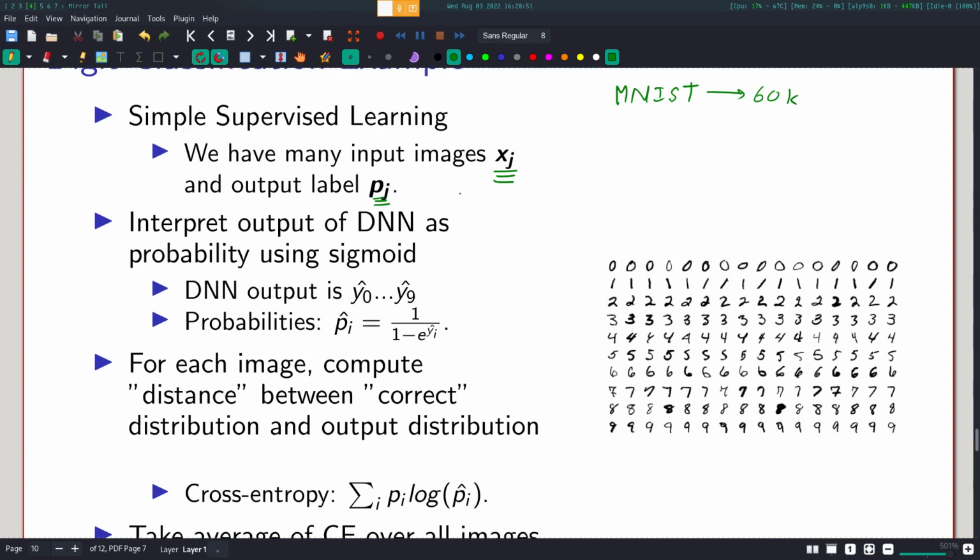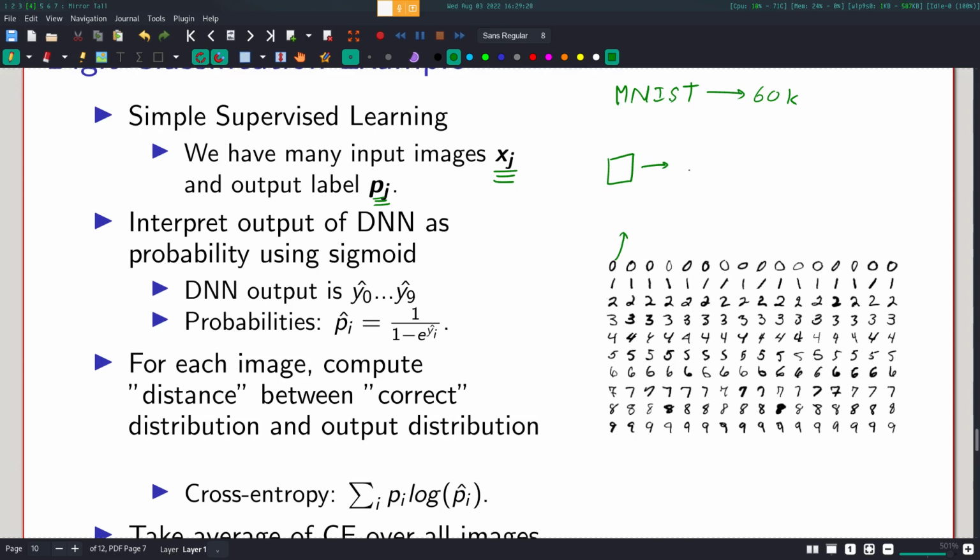What we'll basically do is treat this output label as a probability distribution. If you think about one particular image, you can ask the question, what is the probability that this image is 0, or what is the probability that this image is 1? So in some sense, each image has a corresponding distribution which characterizes what digit it can be.